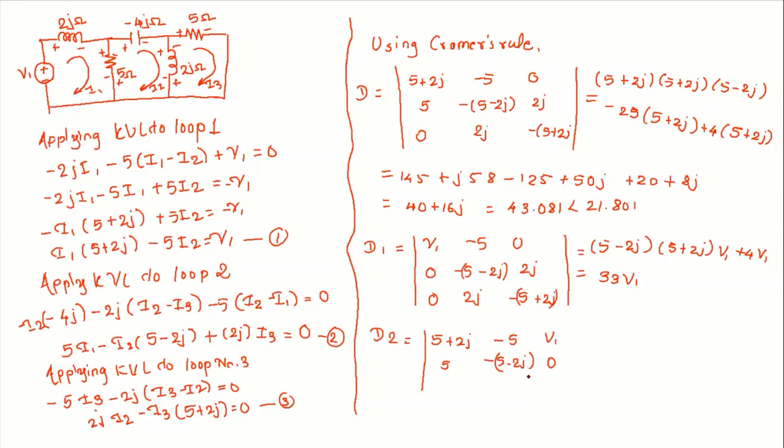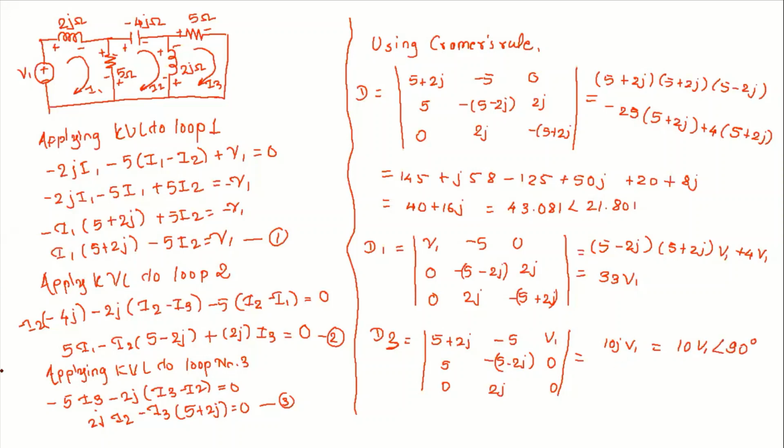The third equation is replaced by the constant term, so I'm supposed to write this determinant as D3. So it is 0, then 2j and 0. If you solve this one, already 0 values are mentioned, only this term will be there. So it is 10j V1, which is nothing but 10 V1 at an angle 90 degree.